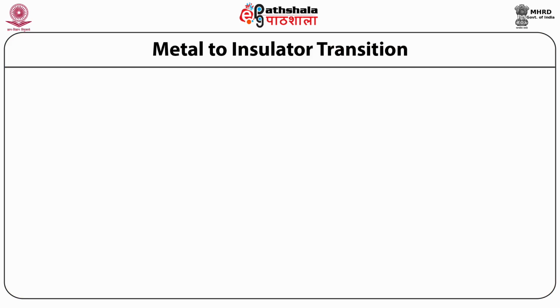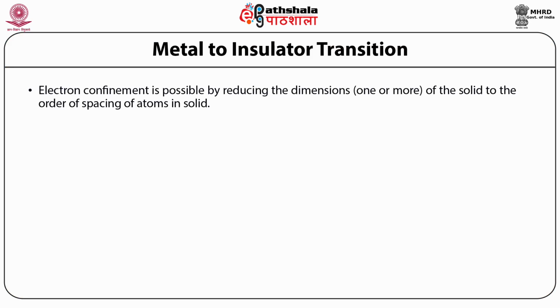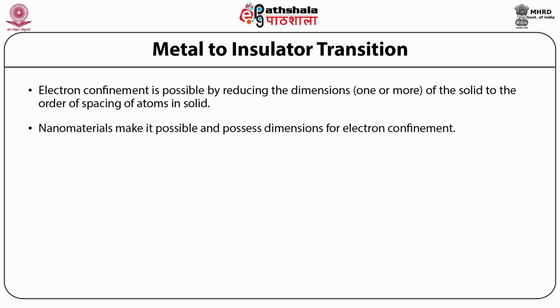Metal to insulator transition. Electron confinement is possible by reducing the dimensions of the solid to the order of the spacing of atoms in the solid. So students, it is possible with nanomaterials, which possess the dimensions for electron confinement.